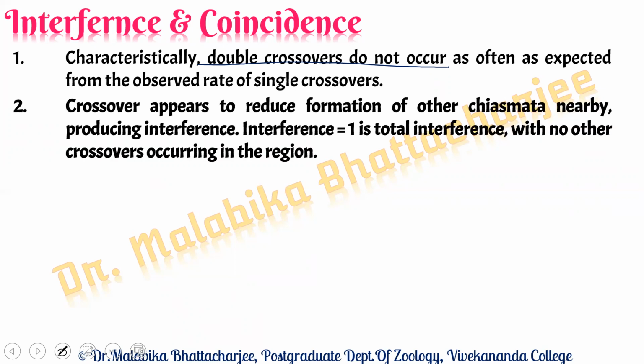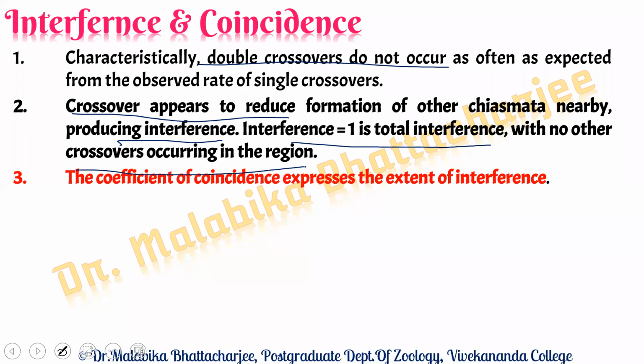Second point to be noted is that whenever there's a crossing over occurring between 2 genes and there's a chiasma formation, then there's a tendency that another crossover event will not occur. If it occurs, it will occur at a very low rate. So there will be a tendency of interference. When interference is 1, that is total interference, there will be no crossing over occurring in the other region.